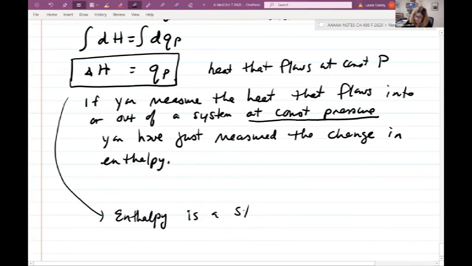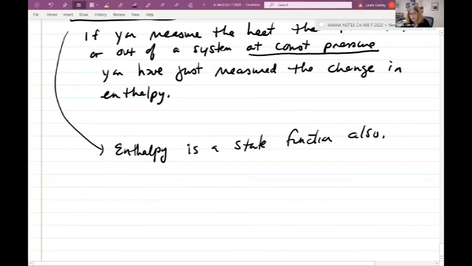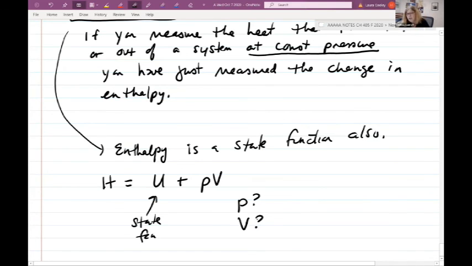First of all, I'd like to say that enthalpy is a state function also. And how do I know that? Well, I know it because it's defined as U plus PV, and U is a state function. Is pressure a state function? Is volume a state function? The pressure only depends on what the pressure is. It doesn't depend on what it was before and how it got there.